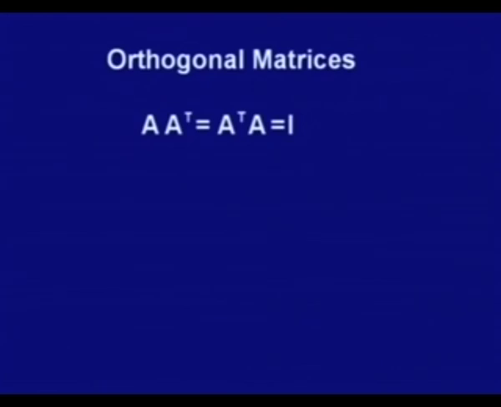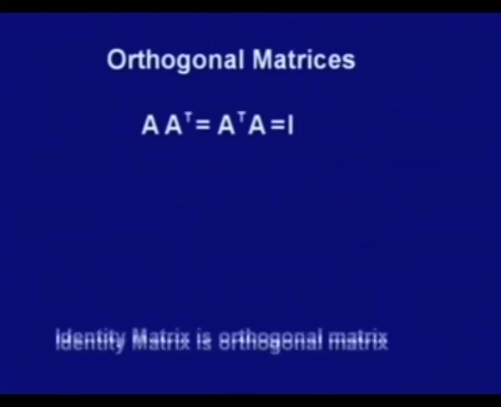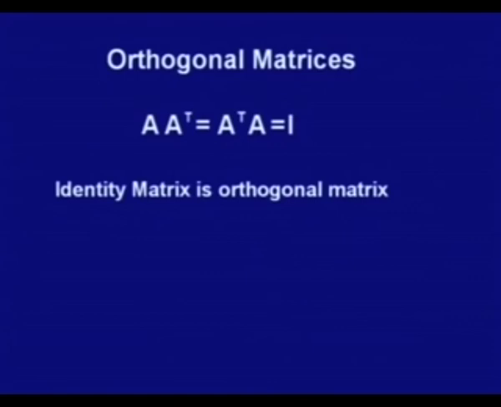Now, after this I introduce orthogonal matrices. Orthogonal matrices are used extensively in mathematics, and we define a square matrix to be orthogonal if it satisfies this property, that is A and A transpose, if they multiply together they give us identity matrix, that is A transpose A is equal to I. This property is actually satisfied by identity matrix.